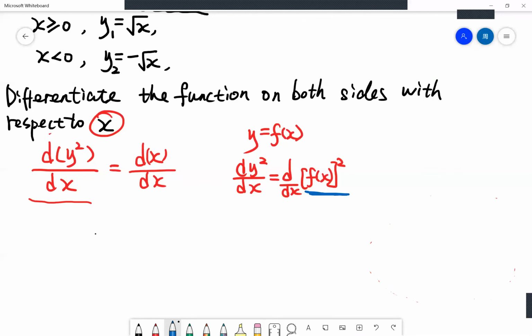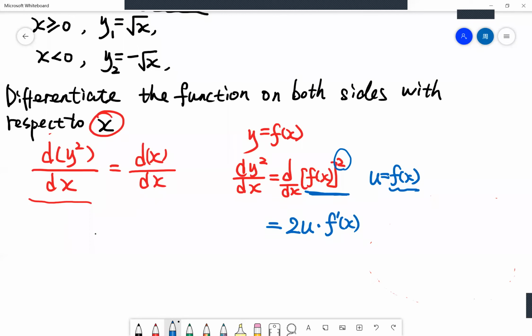So you can let u equal f of x here. Then the outside is u squared, right? And the inside is f of x. So that equals 2u times f prime.